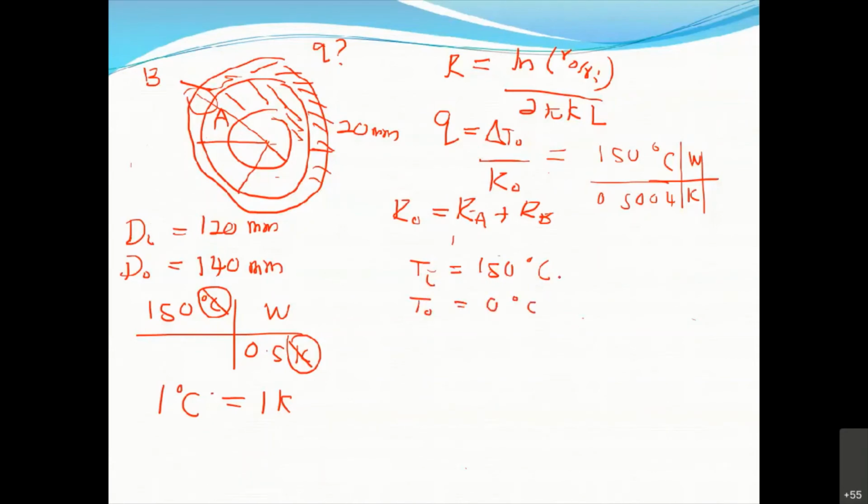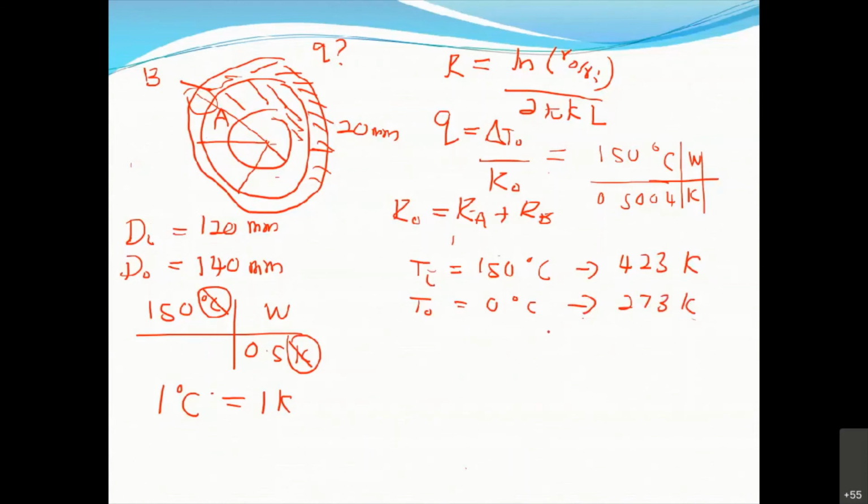Now if you convert this into Kelvin, 150 plus 273, you'll get 423 Kelvin. Correct me if I'm wrong here. And for 0 degrees Celsius, you get a value of 273 Kelvin. So this is in degree Celsius, this is in Kelvin.